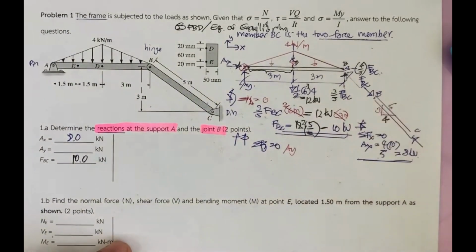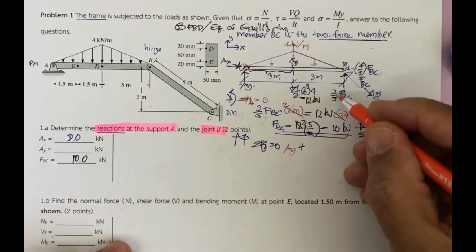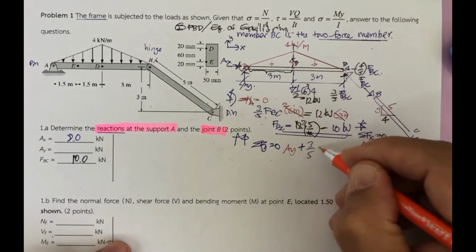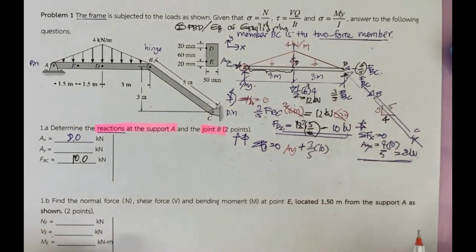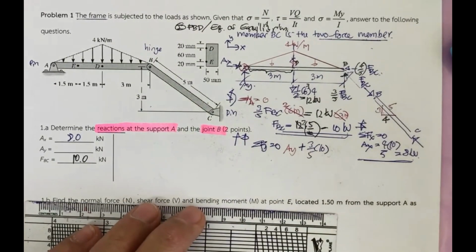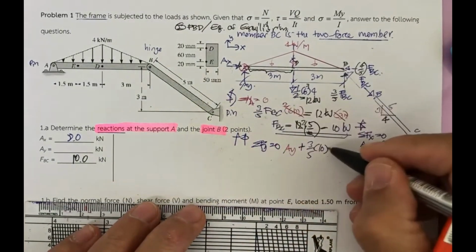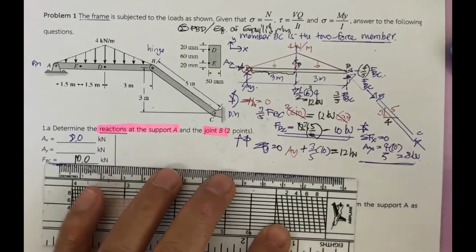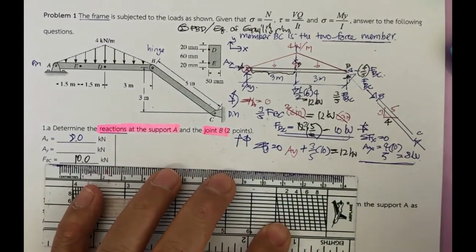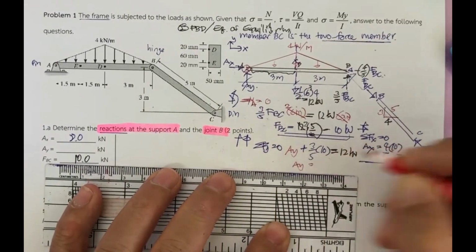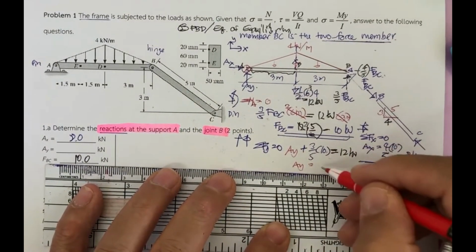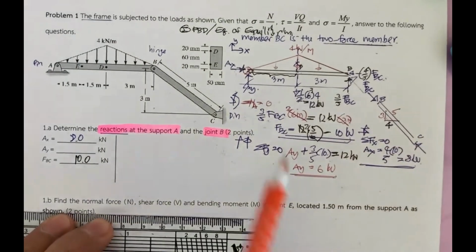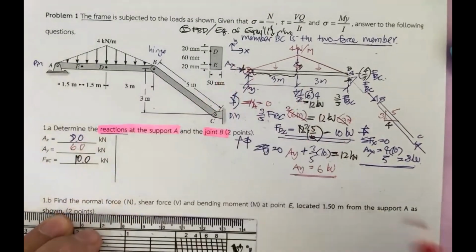This guy is plus, this one is 0.6 times 10, this one is going to be 6 kilonewton, and then this is up equal to 12 kilonewton. So if you compute this, you can get A sub Y easily equal to 12 minus 6. That means 6 kilonewton for the A sub Y. So put 6.0 kilonewton.